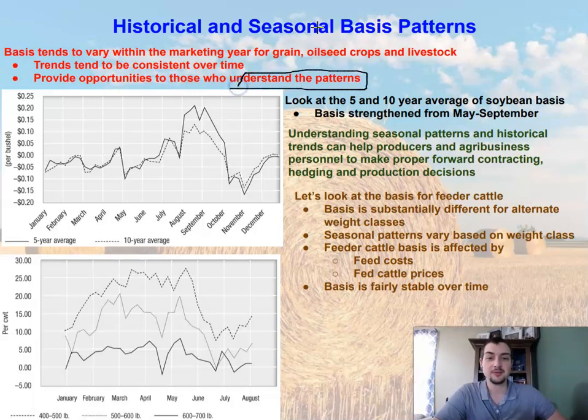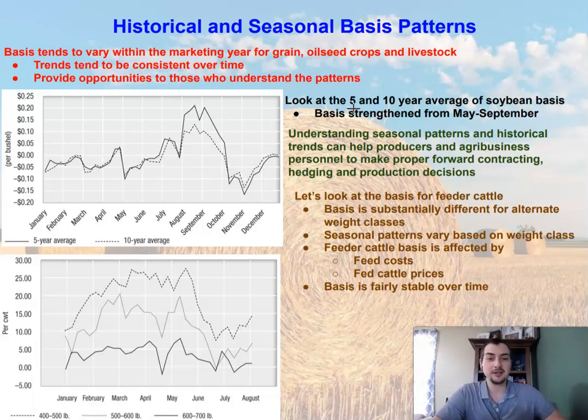We know these patterns will follow the same pattern year after year. There are going to be seasonal patterns, and they tend to be constant over the course of several years. It might vary within the year, but they tend to be constant year after year.